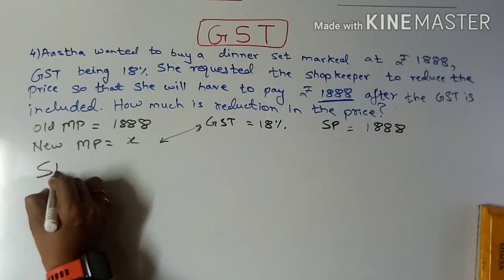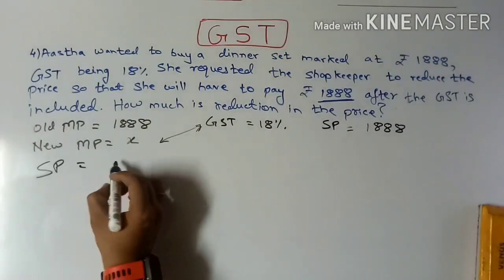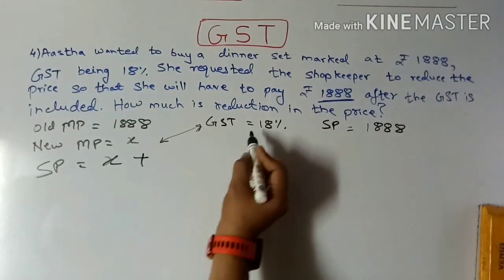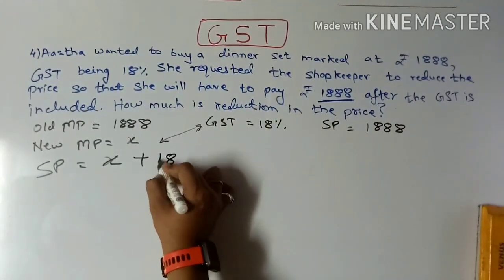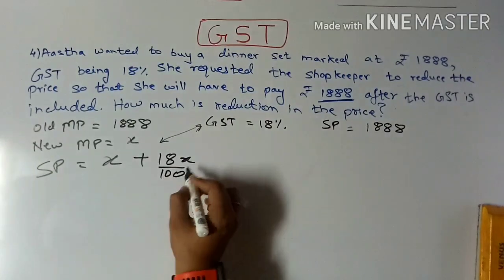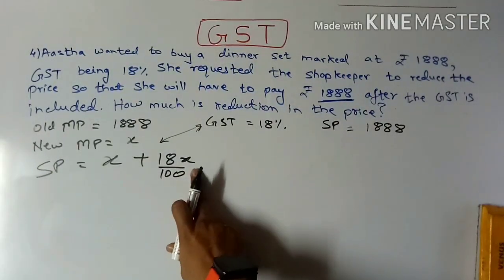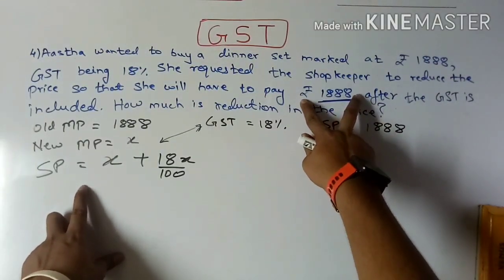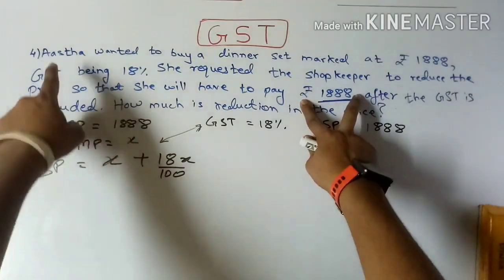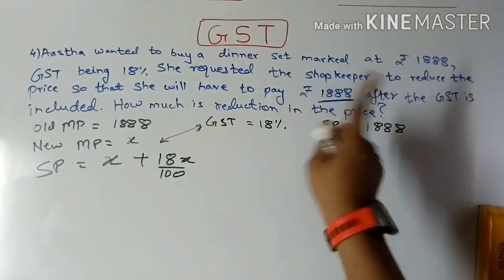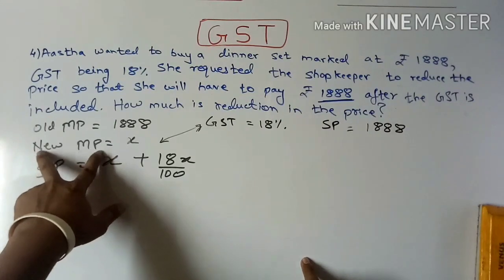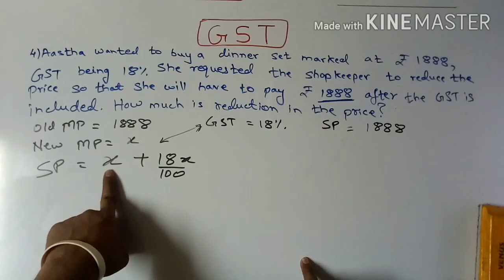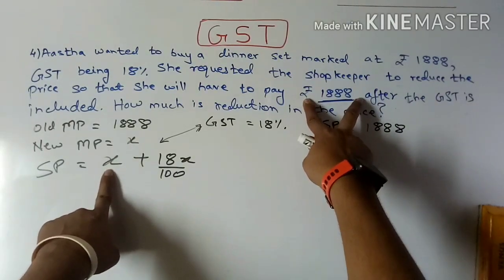So selling price on her demand is nothing but the new MP, that is X, plus GST of 18% on that X, that is 18 by 100 into X. Please understand once again, the marked price should be X for the new selling price to be 1888.